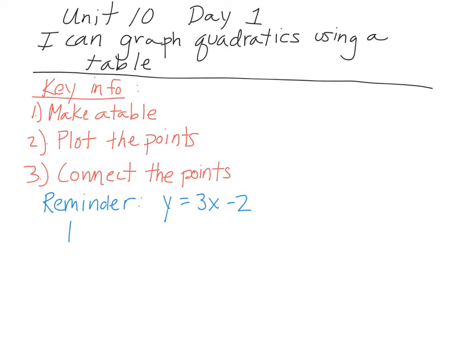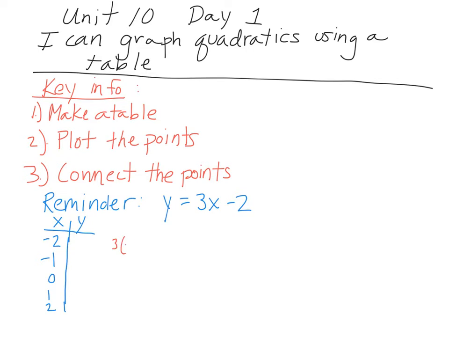All we have to do is make a table of x and y values. Most of the time our table is centered around 0, so I would do -2, -1, 0, 1, and 2. All we have to do is plug those values in for x.